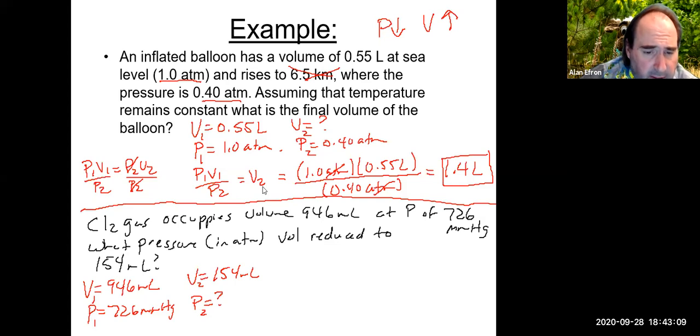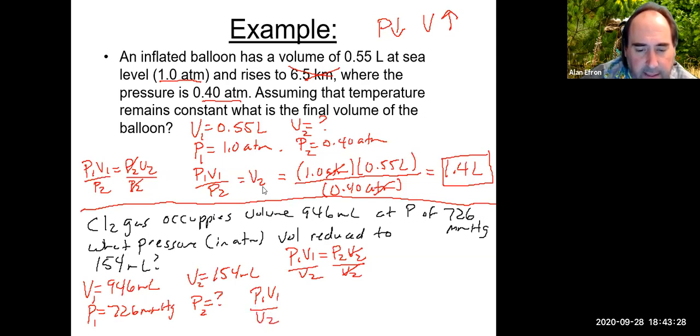So here we're going to solve for P2. P1 V1 equals P2 V2. Again, dividing the V2 to the other side, those guys will cancel. That gives us P1 V1 over V2 equals P2.